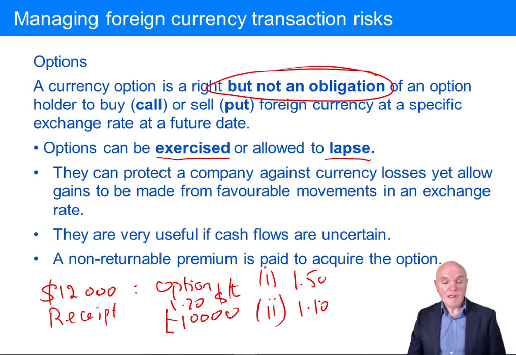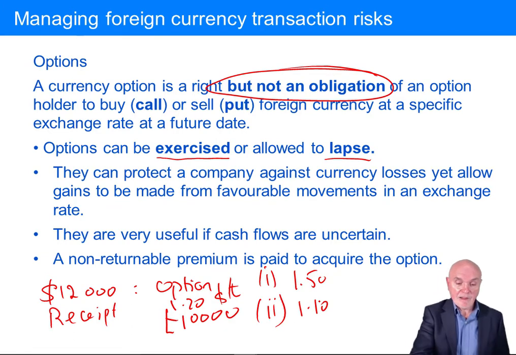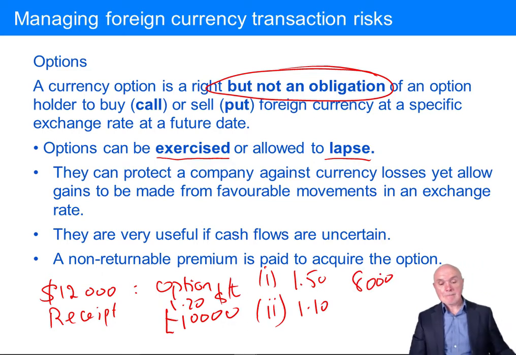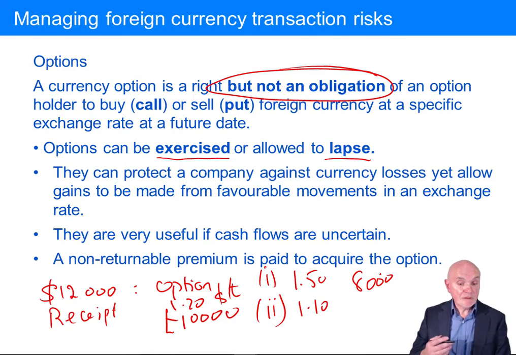So in the future, we get $12,000 coming in. We could simply go out to the exchange market and say, I'll change it there at 150. So divide by 1.5, we'll be getting 8,000.